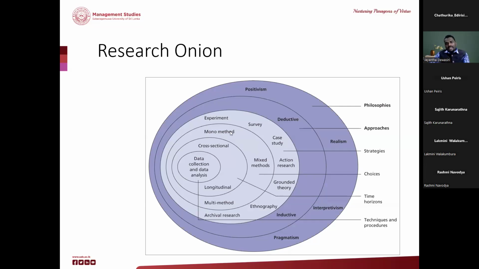In the strategies layer, you can see there are different strategies, even under the qualitative: case study, action research, grounded theory, ethnography, and archival research. If you are conducting your research utilizing 2 sets of strategies which come under the same paradigm, the same tradition, we call it multi-method. What do we mean by same paradigm or same tradition?